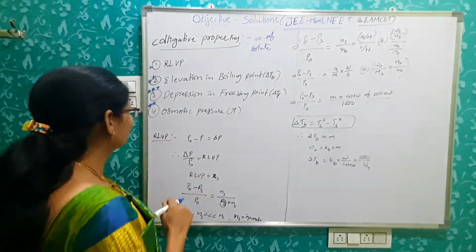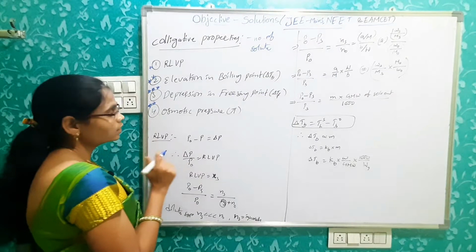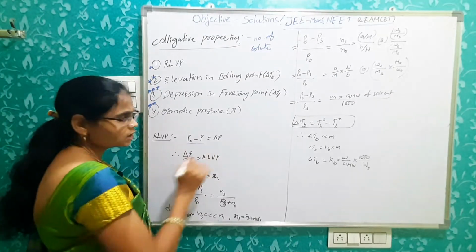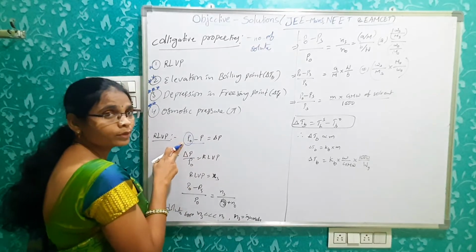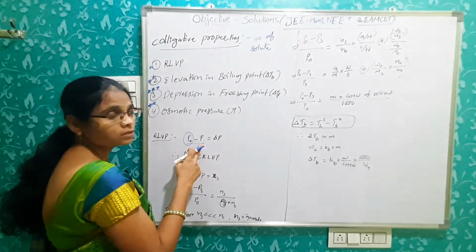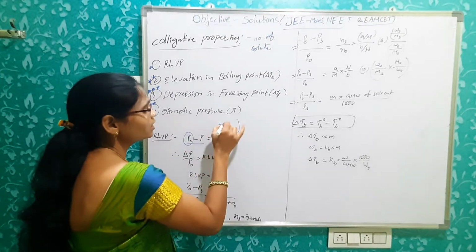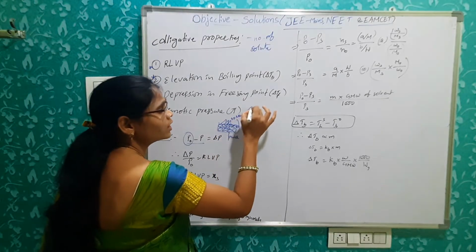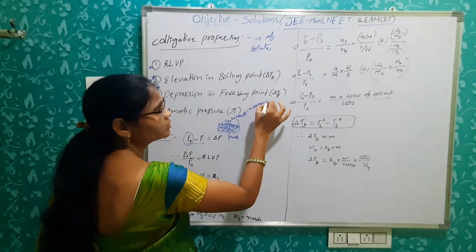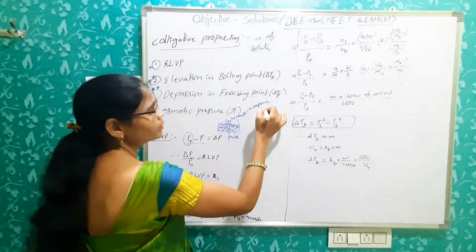Listen to me carefully. RLVP is nothing but relative lowering of vapor pressure, from lowering of vapor pressure, delta P, which is the difference between pure solvent vapor pressure and solution vapor pressure. In a pure solvent, surface molecules or solvent molecules can all escape into the atmosphere as vapor, so vapor pressure is more.